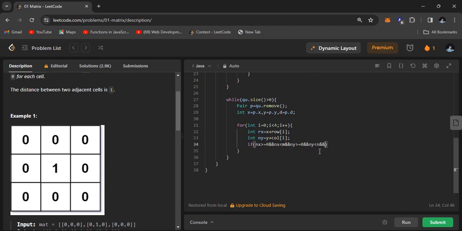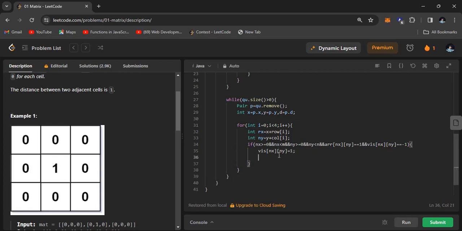And the array of new x, new y must be equal to cell value 1, and also the visited of this new x and new y must be -1. -1 denotes that this cell is not solved yet. In that case, make visited of new x and new y equal to 1.